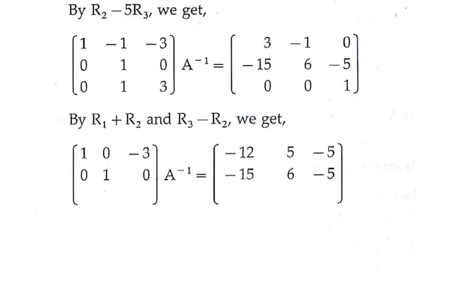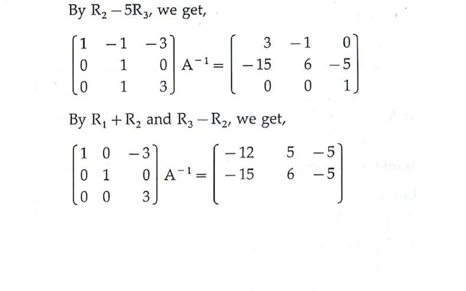Now we are going to change the third row by the equation R3 minus R2. In the first column R3 is 0 and R2 is 0, so 0 minus 0 is 0. In the second column R3 is 1 and R2 is 1, so 1 minus 1 is 0. In the third column R3 is 3 and R2 is 0, so 3 minus 0 is 3.